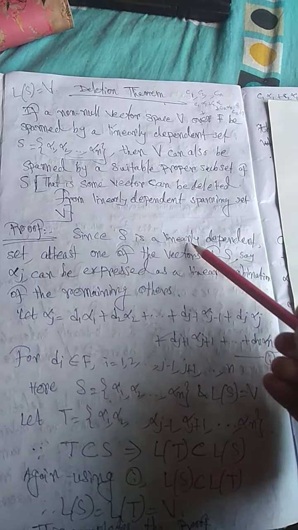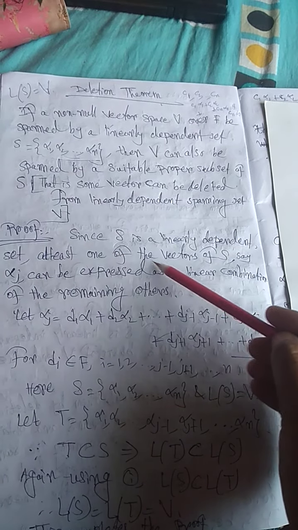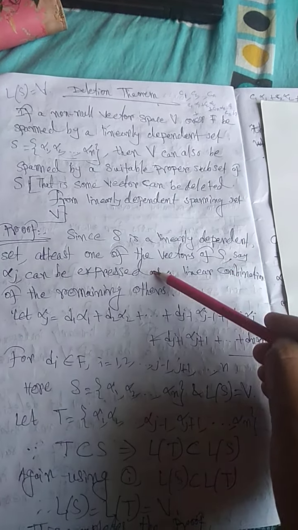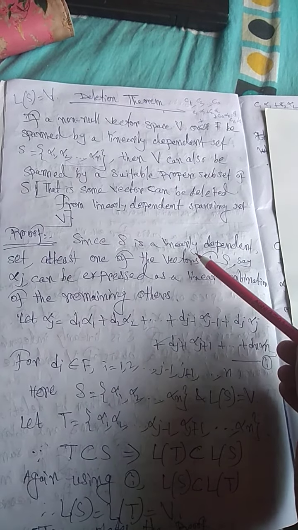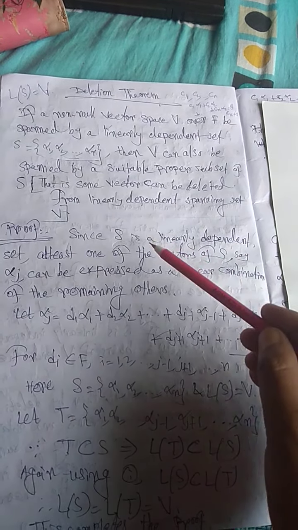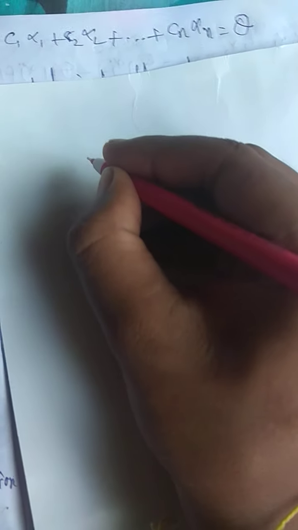Since S is a linearly dependent set, at least one of the vectors of S, say alpha j, can be expressed in this way. Why is it so? Let me calculate over here. Suppose this is the linear combination c1 alpha 1 plus c2 alpha 2 plus dot dot cn alpha n equal to theta.